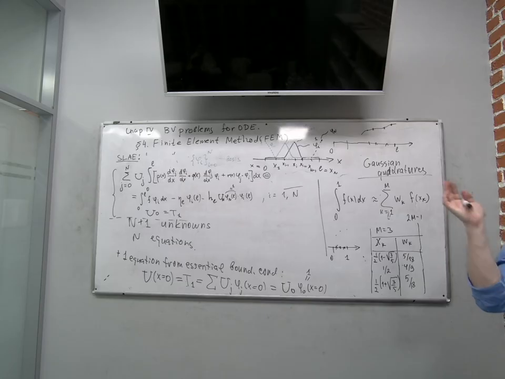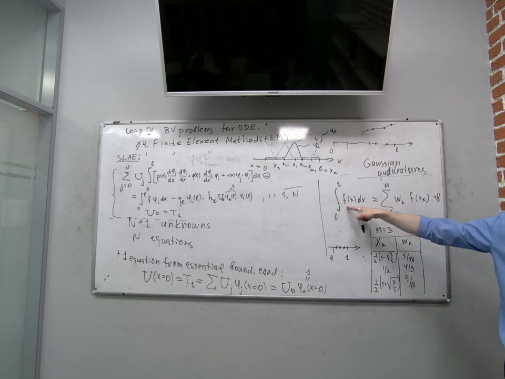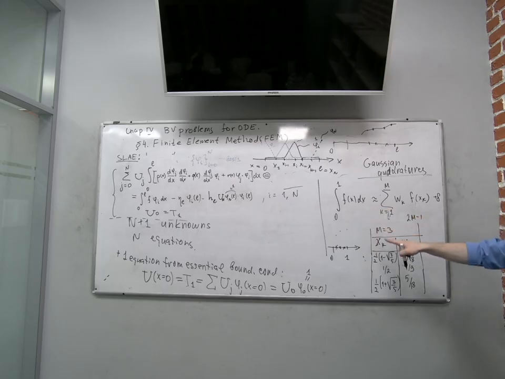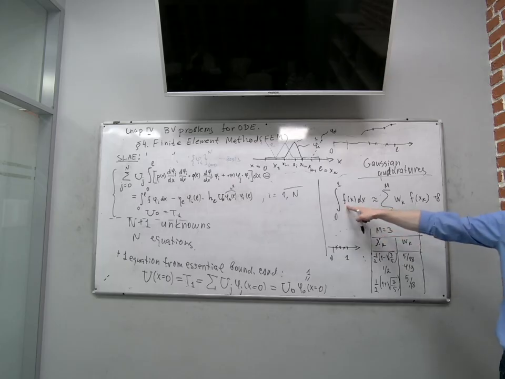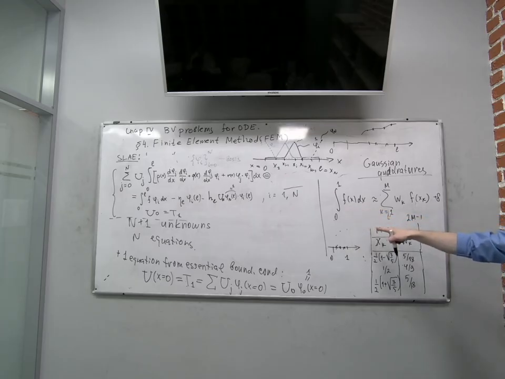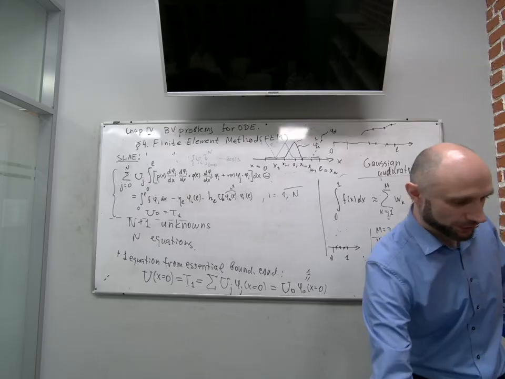Rounding errors will be present, but otherwise there will be no error term here. Okay. If you take a polynomial of higher order as function f, you will not be able to integrate it exactly with m being equal to 3. And if you take an exponential function, you will also not be able to integrate it exactly. Okay? That's it. Questions? Yes.